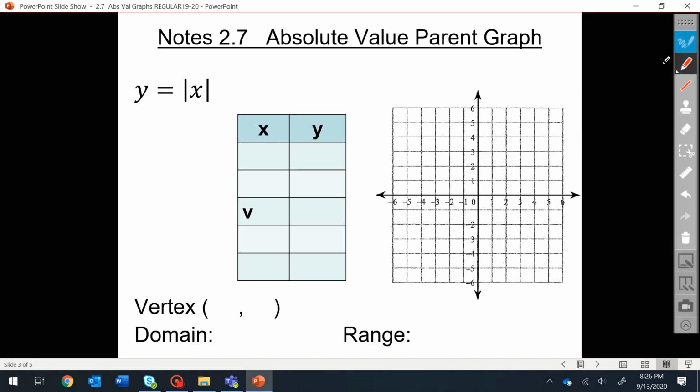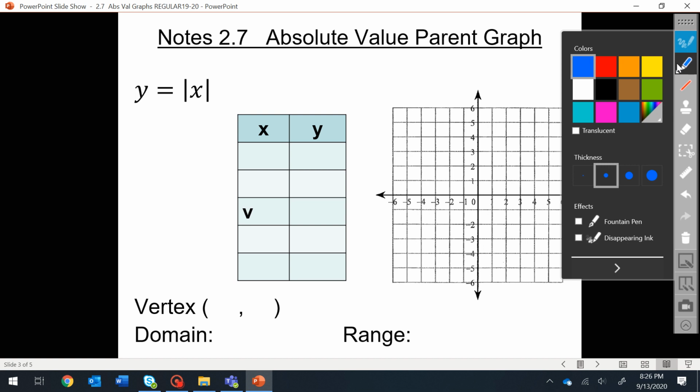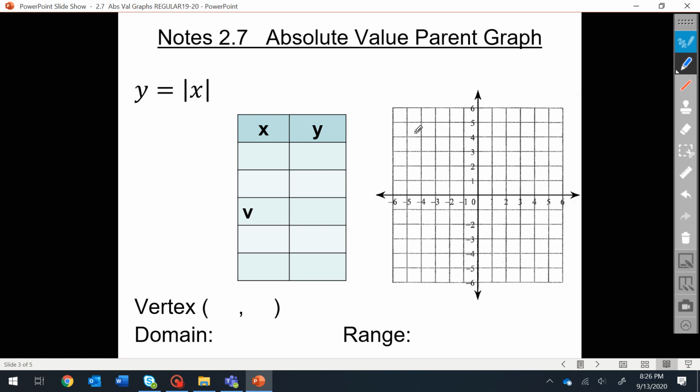First, let's look at the parent function. The parent function is the main absolute value function. All other absolute value functions stem from this function, and it's just y equals the absolute value of x. We can pretend that there's a plus 0 in here and a plus 0 out here, which means our vertex would be the ordered pair (0, 0).